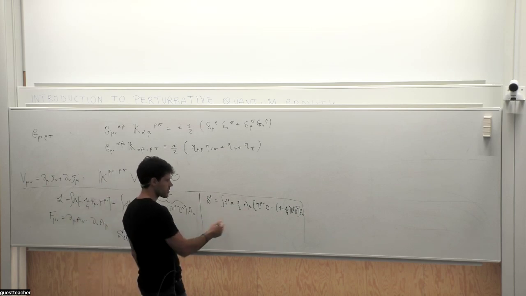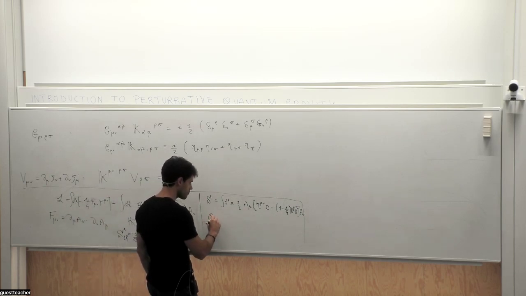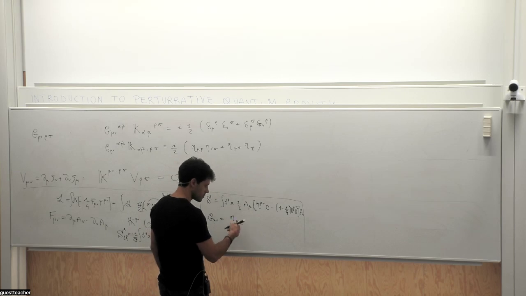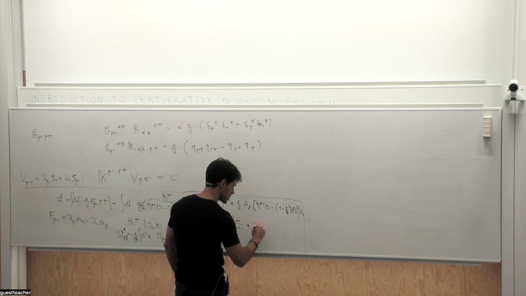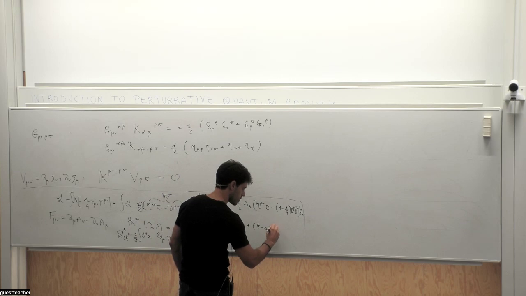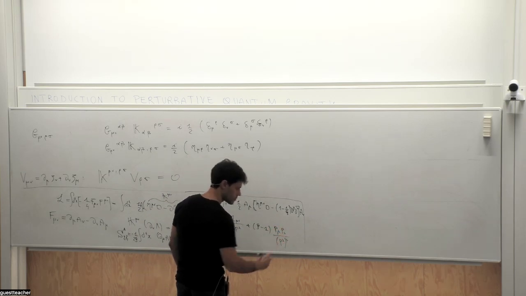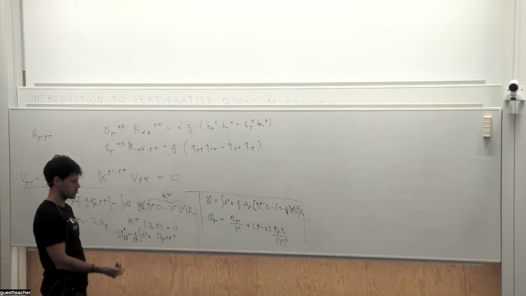Okay, you invert it, in the end, you will get the photon propagator, which is, for instance, something like this, right? You'll have eta^{mu nu} over p squared plus (c minus 1) p^mu p^nu over p squared. Okay, that's what you usually do.